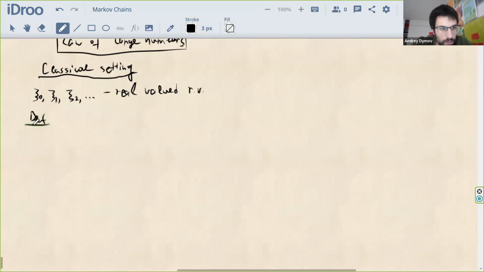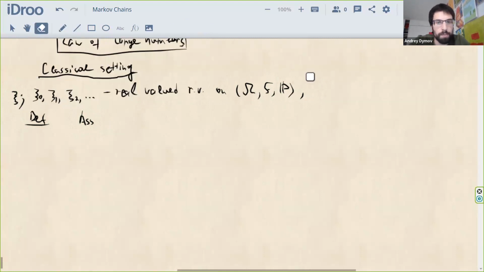Definition. Assume these are real valued random variables on the probability space omega with sigma algebra and probability P, and psi will also be a random variable on this probability space.